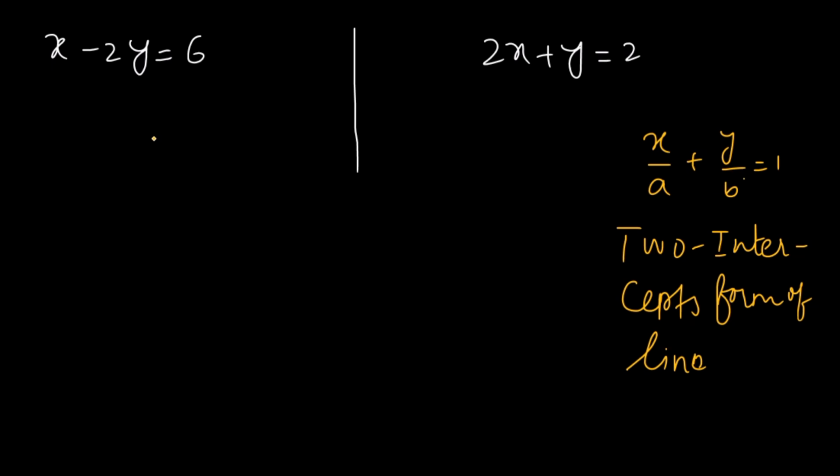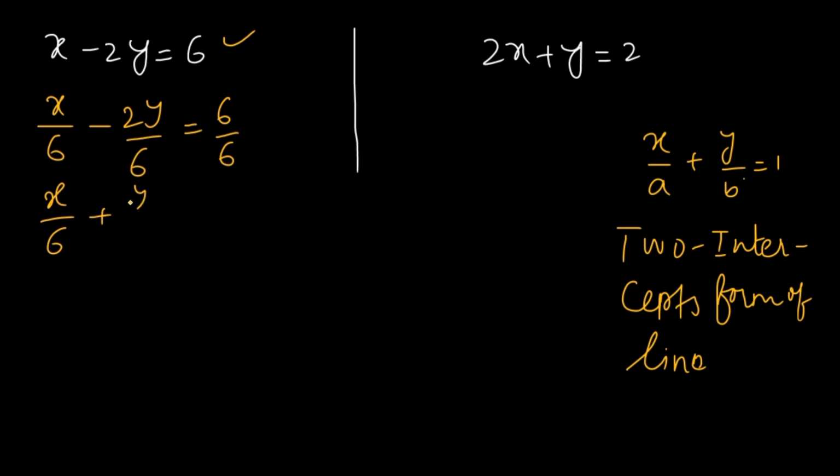So to find the two-intercept form of this boundary line, we just divide both sides by 6. We have x over 6 minus 2y over 6 is equal to 6 over 6. After cancellation, this can be written as x over 6 plus y over minus 3 is equal to 6 by 6, which is 1.